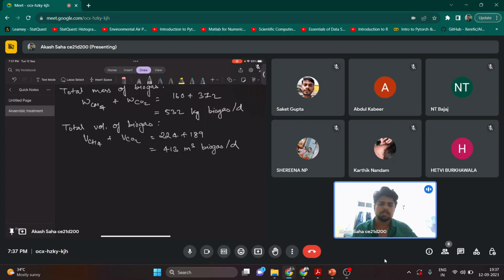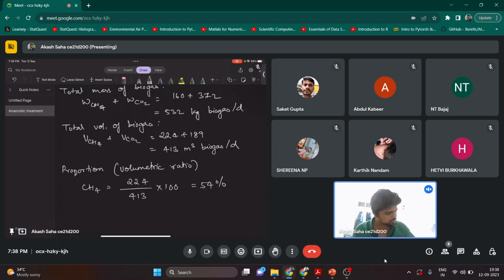So we have found out all the mass, volume, everything related to the gases produced. So if you see the proportion, by mass also we can do, by volume also we can do. I will do the volumetric ratio. We can try out the mass ratio also. So if we see the volumetric ratio, CH4 will be 224 out of total 413. So it will be around 54%, and CO2 189 out of 413, so it will be around 46%.